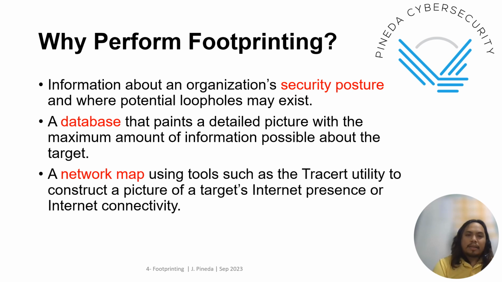Okay, so a database that paints a detailed picture, right? Because you'll have a list of information about the target, okay? And a network map, okay, to see and validate whether the IPs that you have identified that were provided to you are the real IPs, or have you discovered something new?